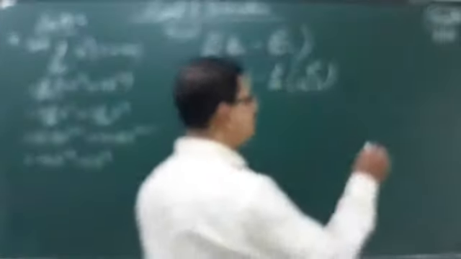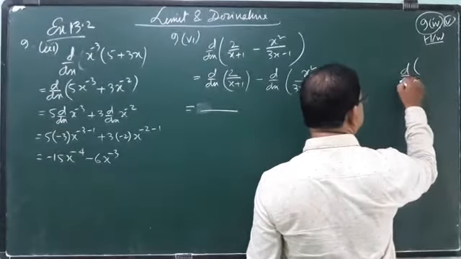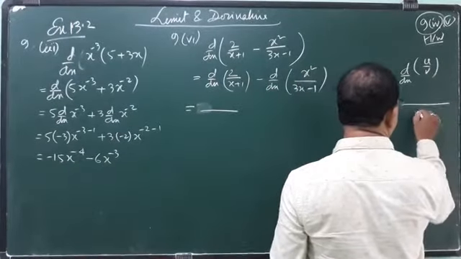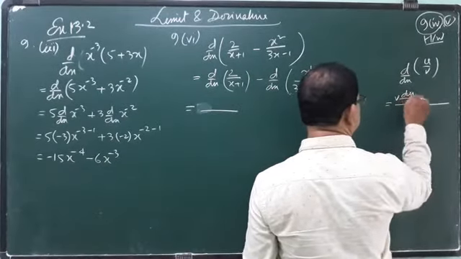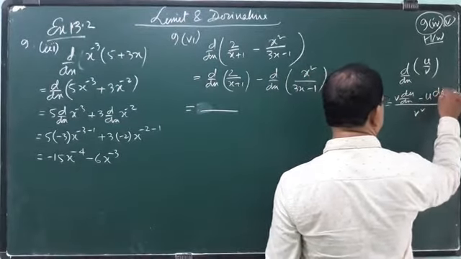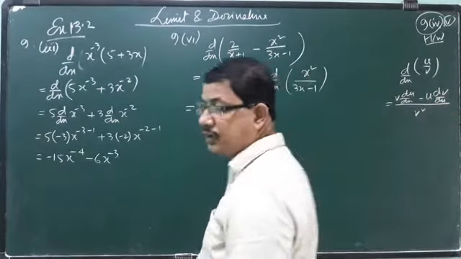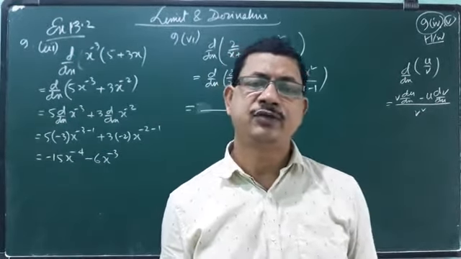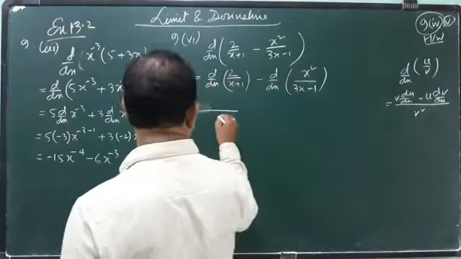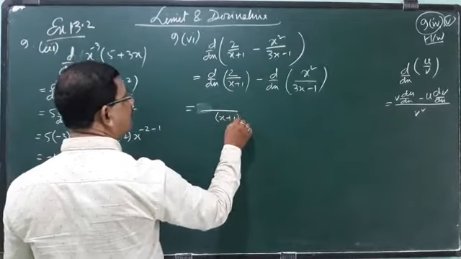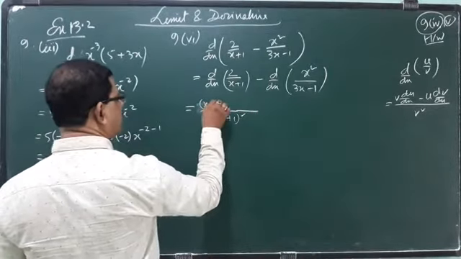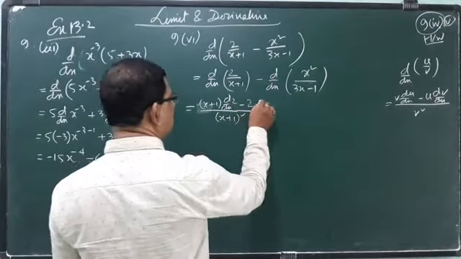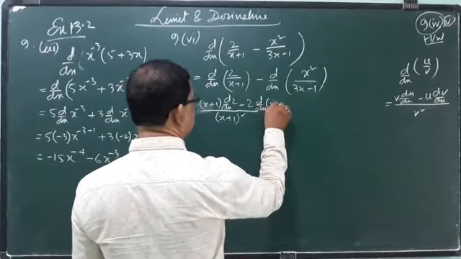We have to remember the formula that d/dx of u divided by v is equal to (v du/dx minus u dv/dx) divided by v square. That is the division of two variables when both are in terms of x. So here v square is x plus 1 whole square, x plus 1 then d/dx of 2 minus 2 d/dx of x plus 1.